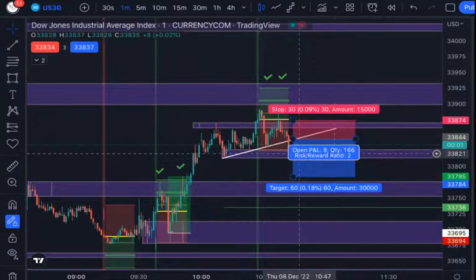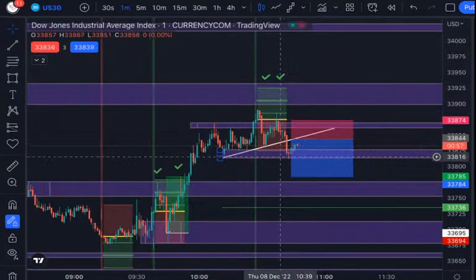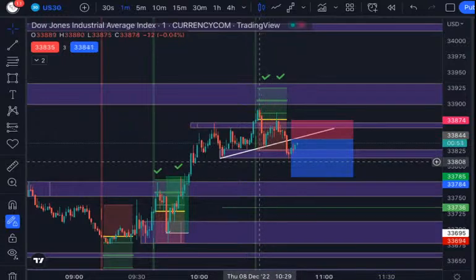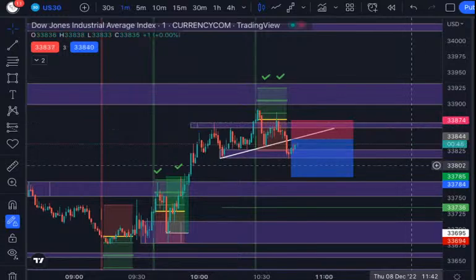Technically, the entry from over here would have still been in motion, but I got stopped out in profit because my stop loss was actually below this low. It still would have been active.